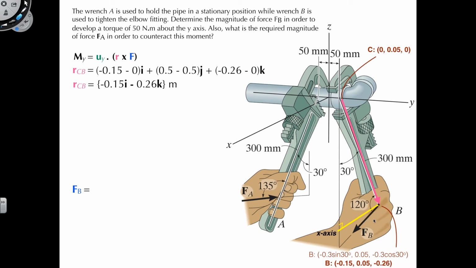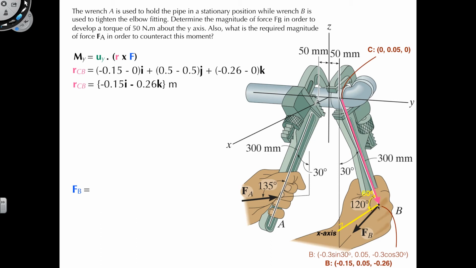In this case we know the angle, and that's what you need. Your concern now is to know the angle from the x-axis or from the y or z-axis, to know what will be the coordinates of FB.